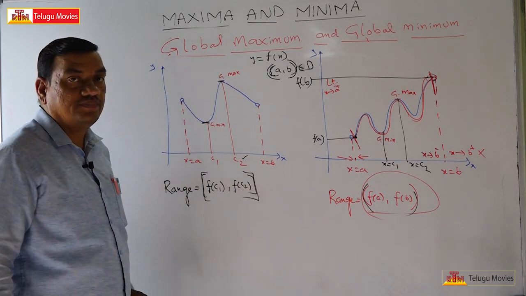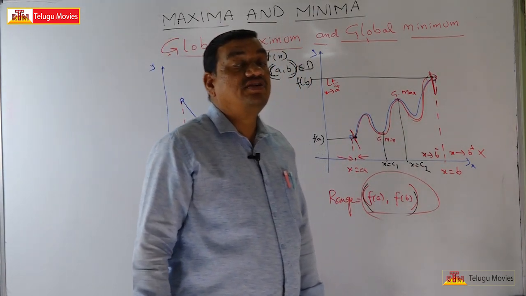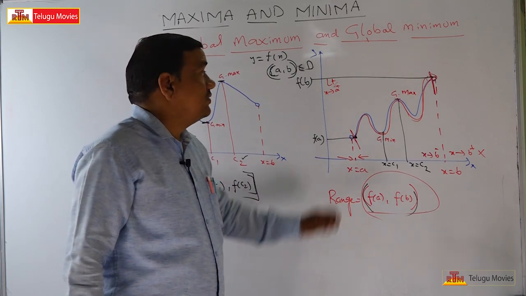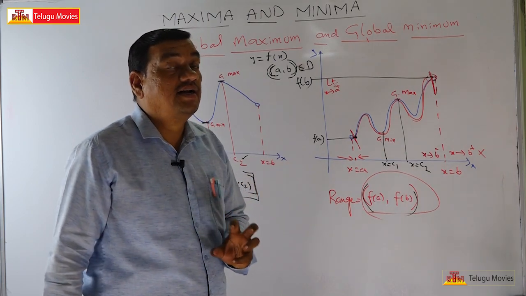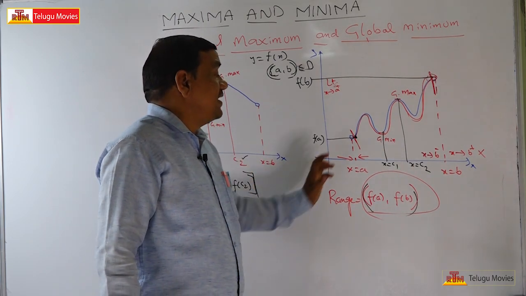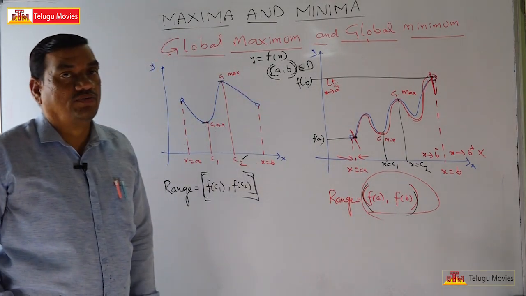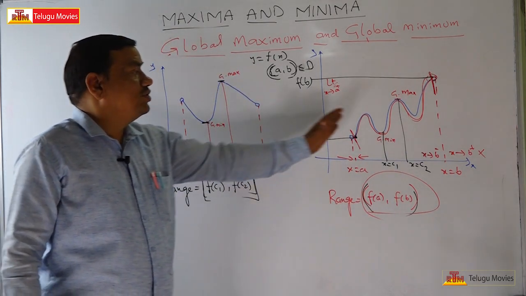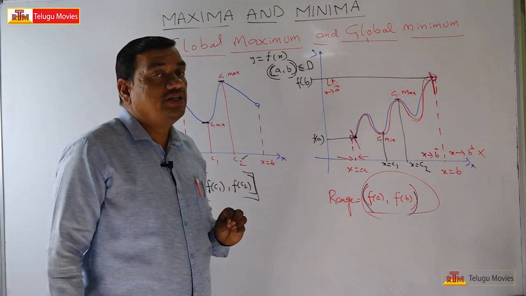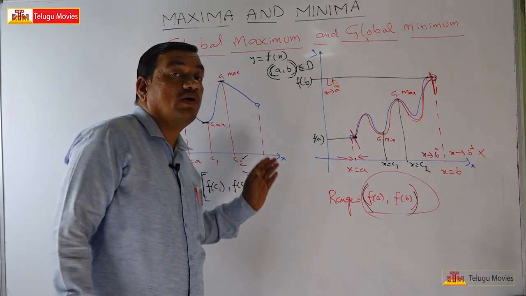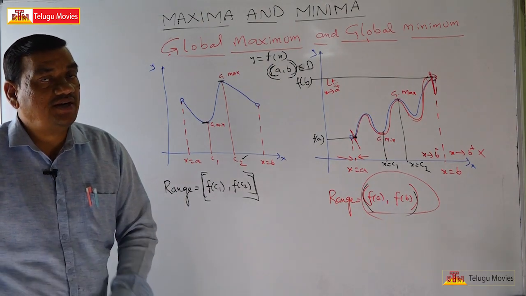But if the graph is like this, with an open bracket given, then the range will be f of a comma f of b, and we have to write the open bracket. Understand this? I hope you have understood these two concepts, and that local maxima and global maxima are different, and local minima and global minima are different.